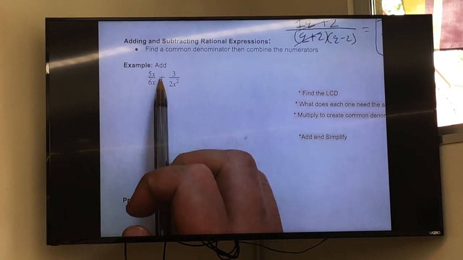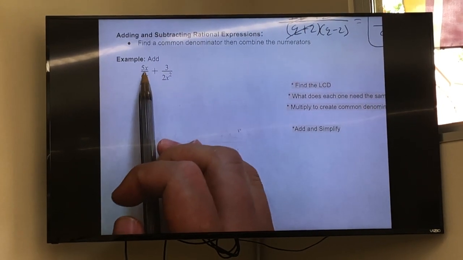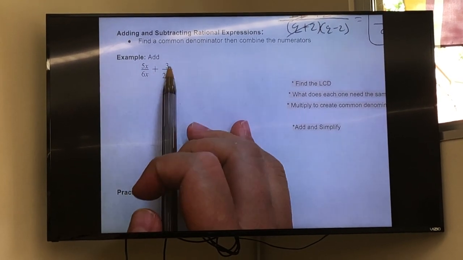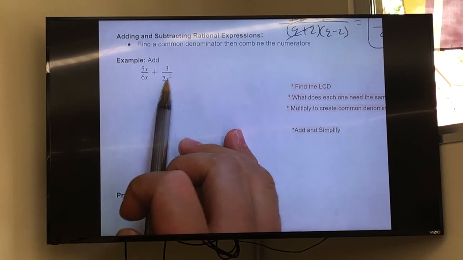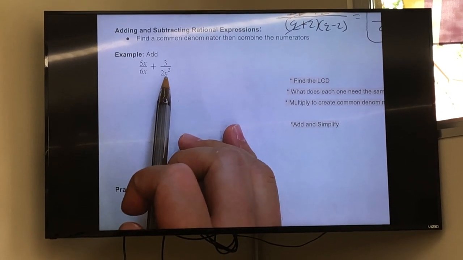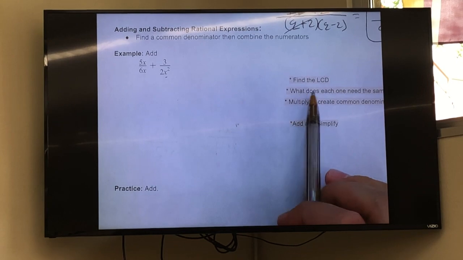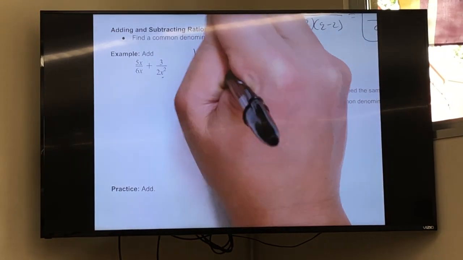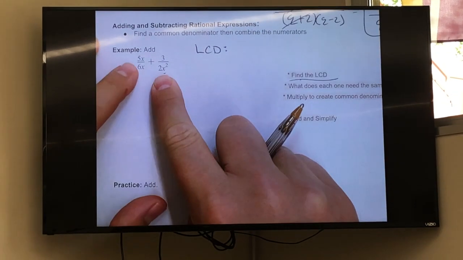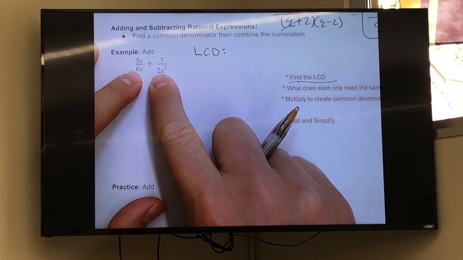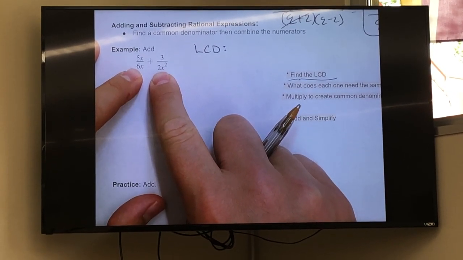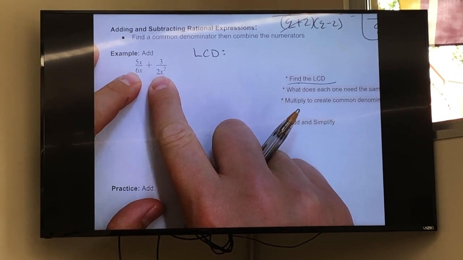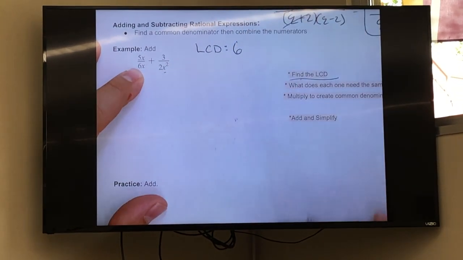First example, we are going to add 5x over 6x plus 3 over 2x to the second power. We're going to first find the LCD. Looking at our constants, a 2 and a 6 can both turn into a 6, so that will be our constant.